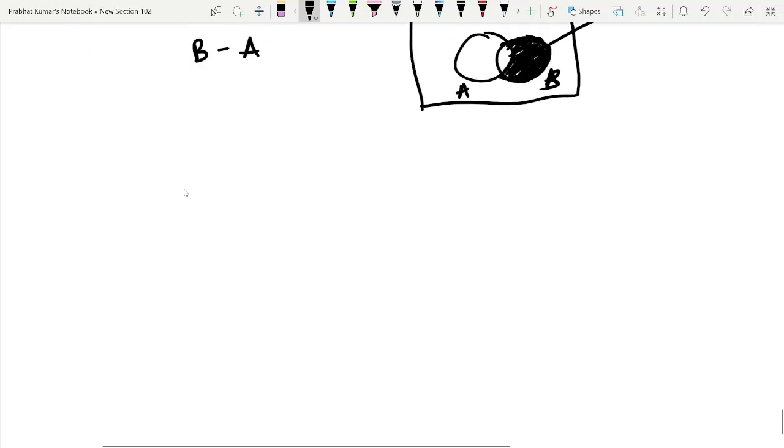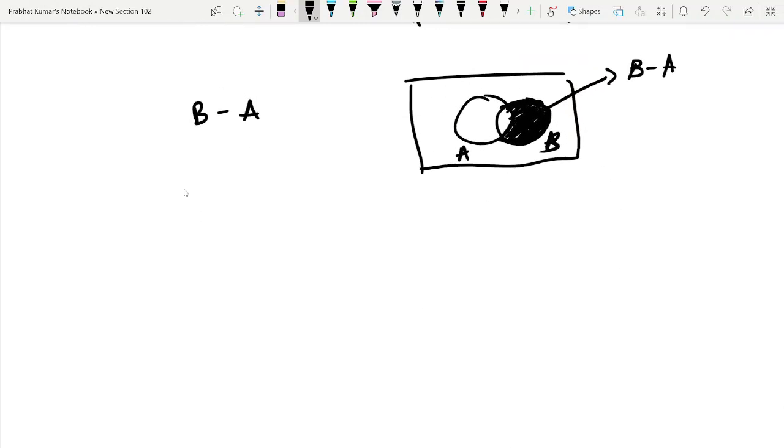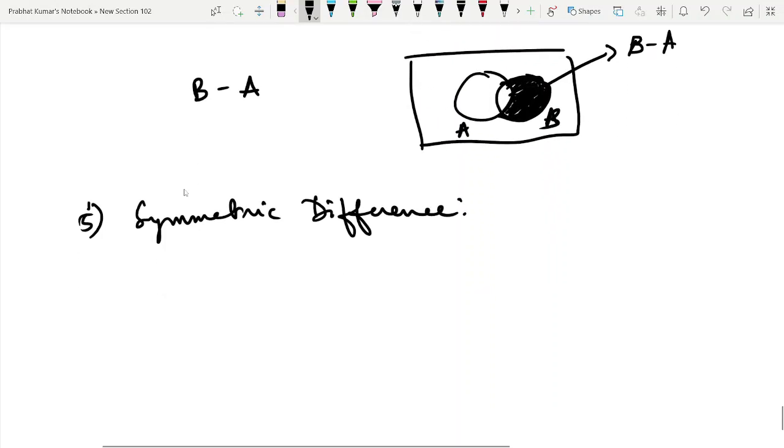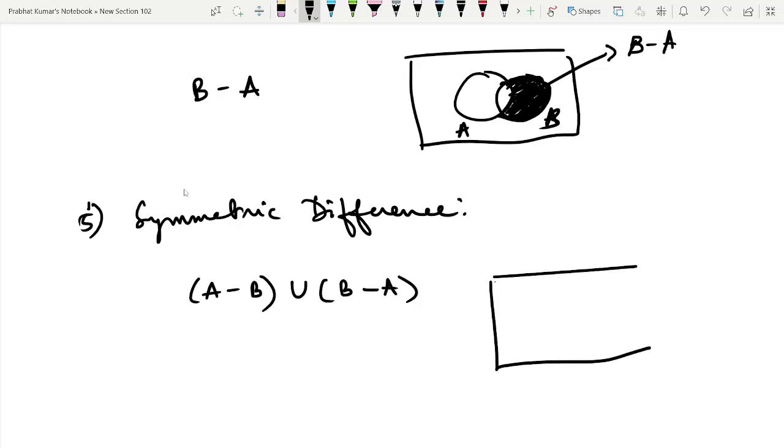Another interesting thing happens when you union these two. That is called the symmetric difference. Symmetric difference is basically the union of these two, A minus B and B minus A. So this is A, this is B, this is A minus B, this is B minus A, and you put this together, right?